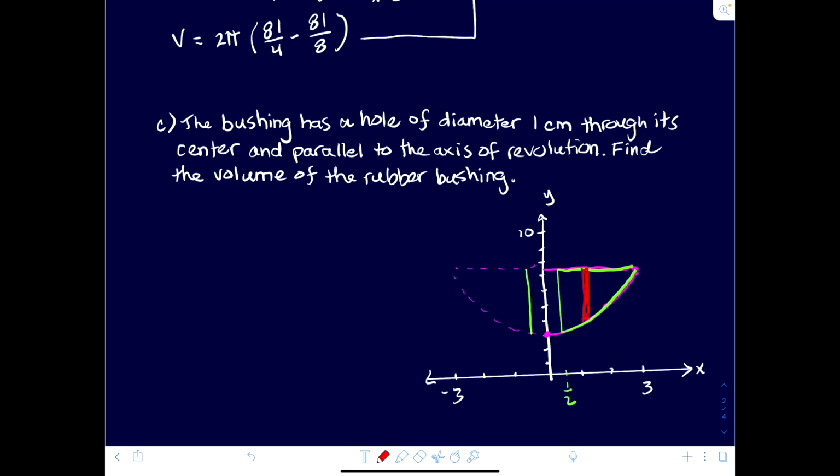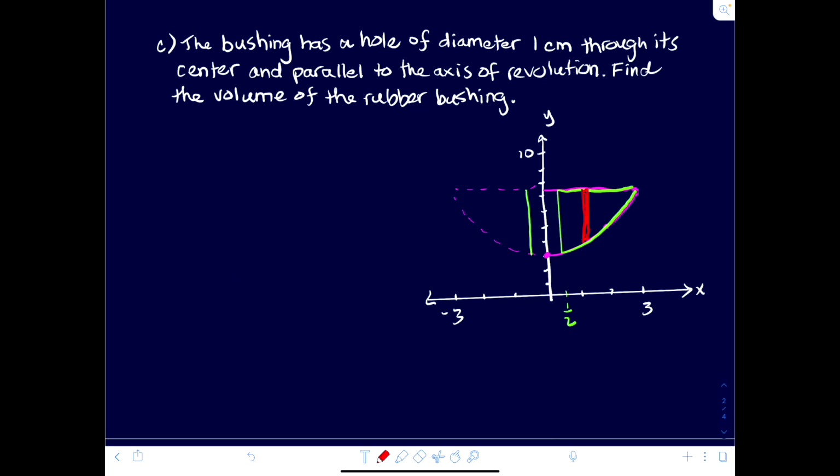Now, again, what's going to happen here is instead of going from x is 0 to 3, x is just going to go from what? Beautiful. 1/2 to 3. And everything else is going to be the same.